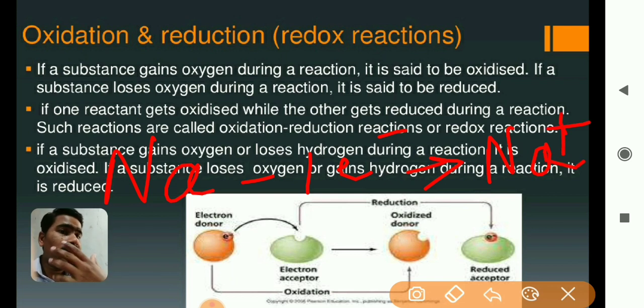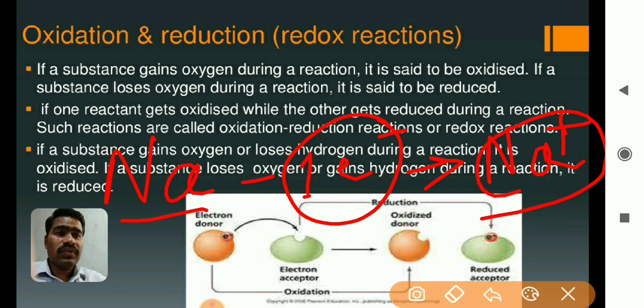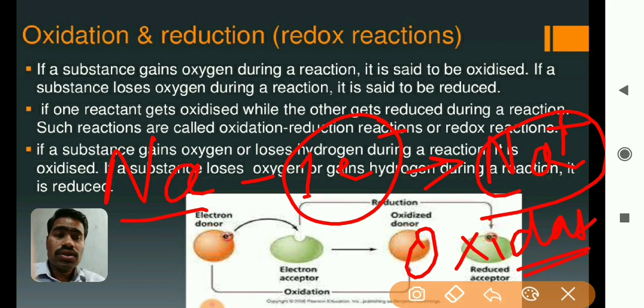This is nothing but a loss of electron. Na was a neutral atom, but when Na lost 1 electron, it is a loss of electron from the sodium atom, and because of that loss of electron it can be called oxidized Na. In this case sodium is getting oxidized. So this is another definition of oxidation.